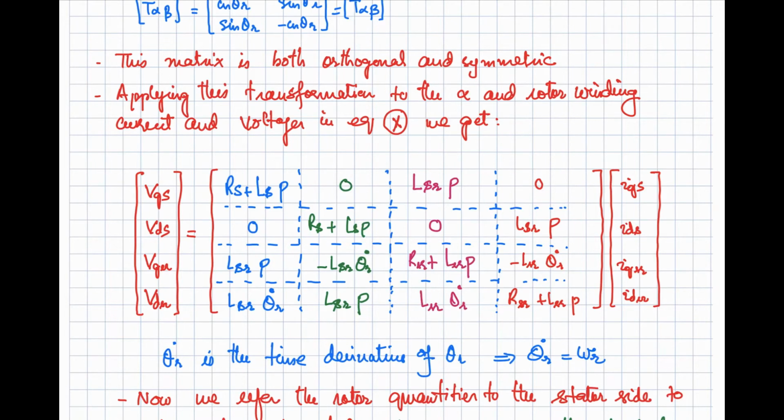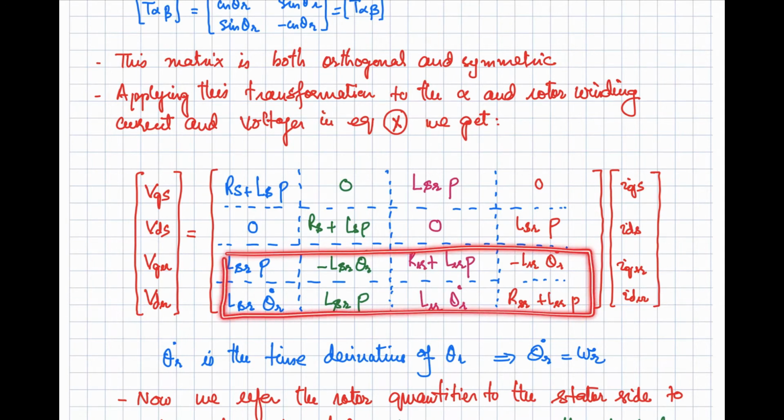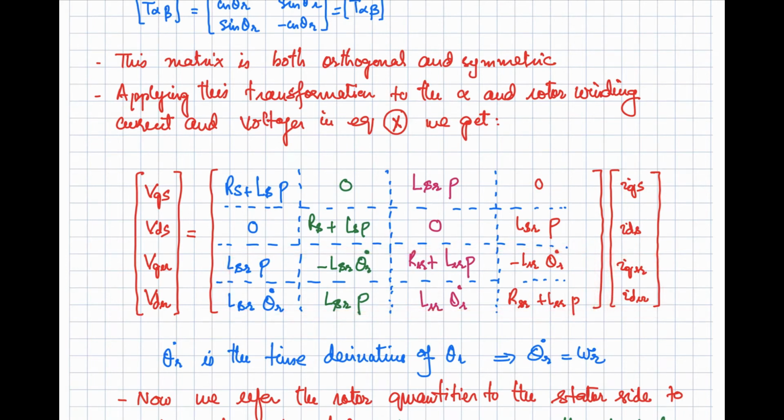So here you can see the matrix. I am not going to show you the minor details. I am just showing you the end result, that VQRR and VDRR will be represented by this set of parameters when linked with IQR and IDRR, right?